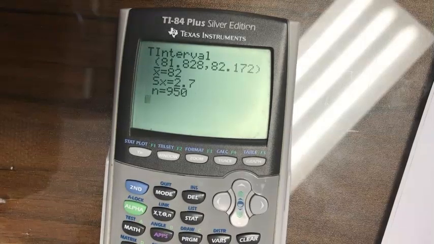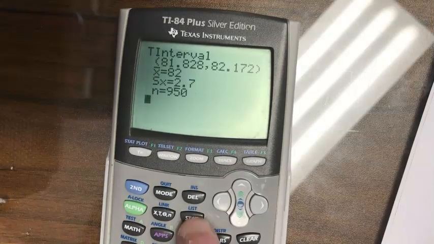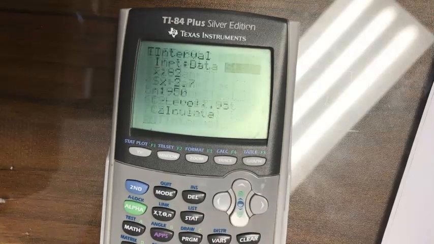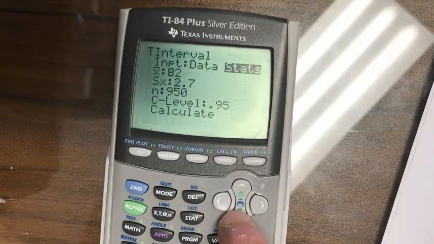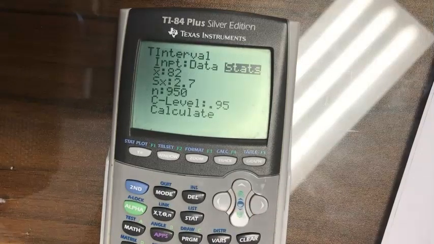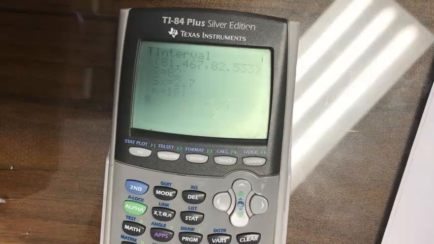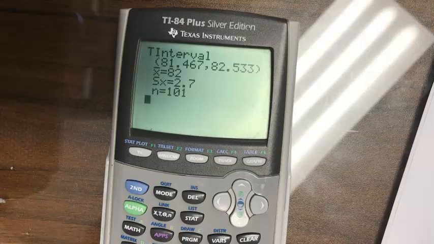So this is why I'm saying, hey, if you're going to use the calculator, you have to be very specific. But if I'm going to use table B, and I'll show you what table B would have been, if I would have done table B, I would have had to input a degrees of freedom of 100, which means I would have just had to have a sample size of 101. And we can look at that, and we'll see it is a different answer.